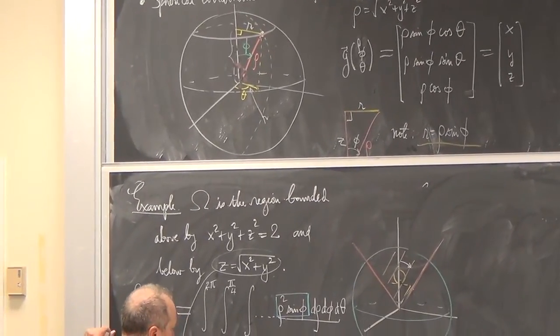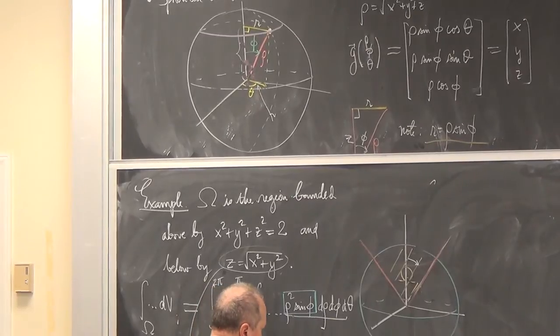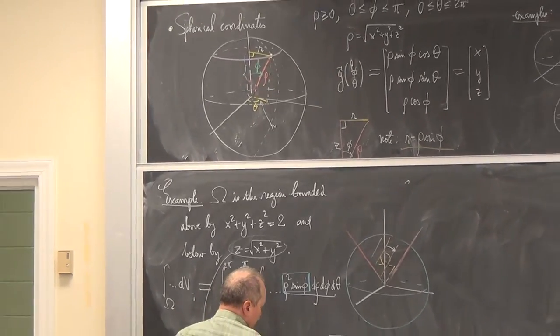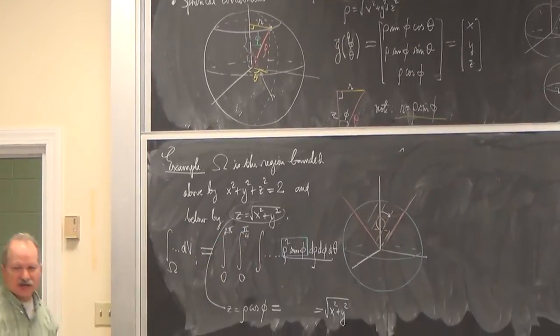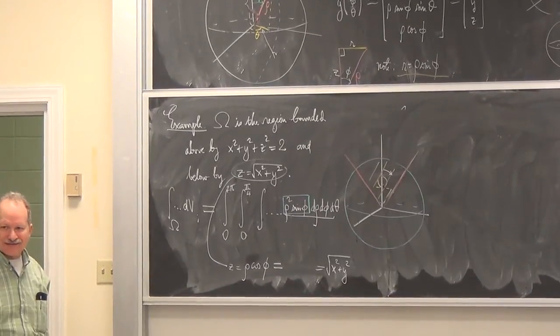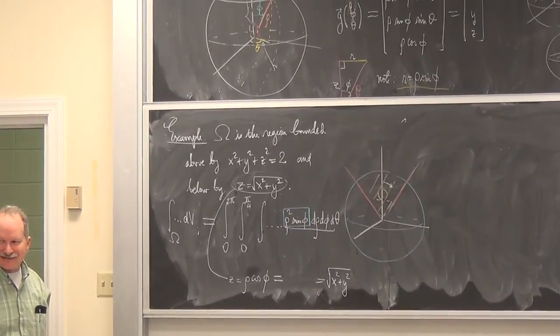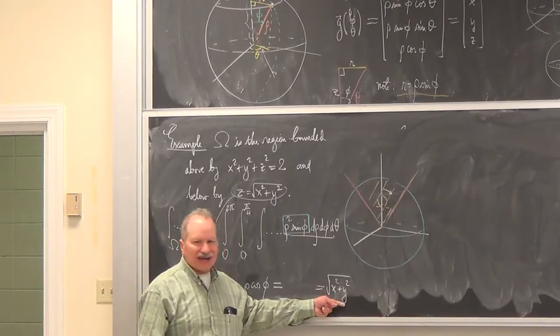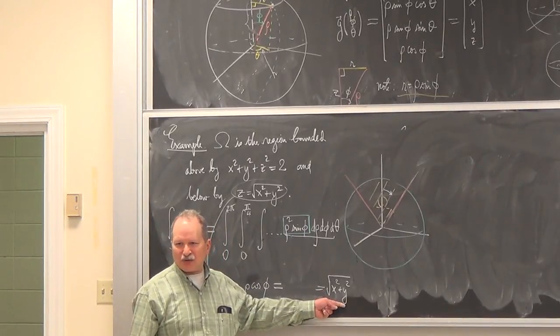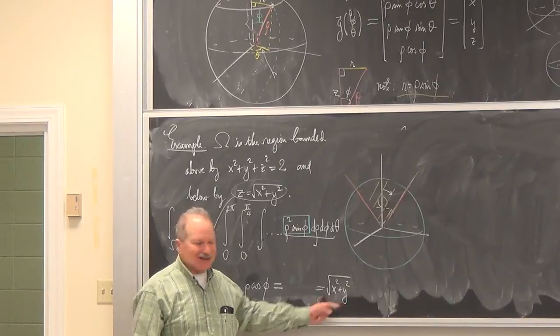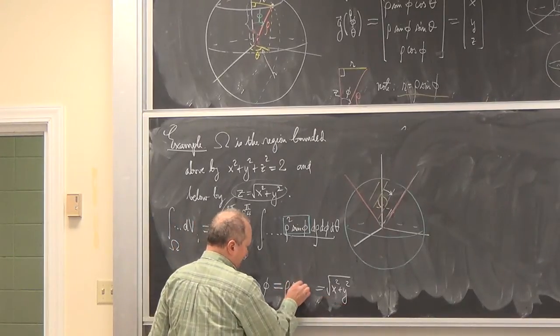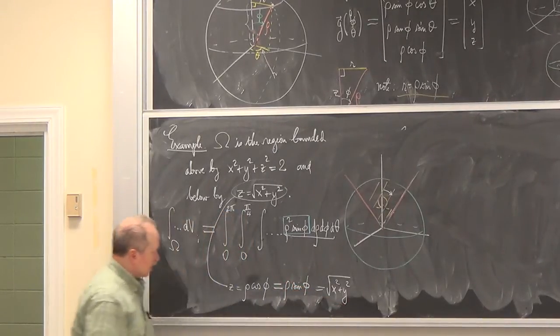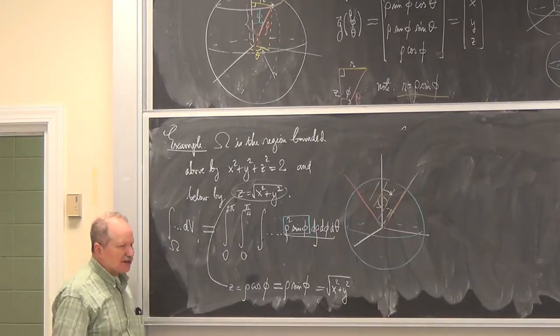And square root of x squared plus y squared is what in terms of spherical coordinates? What's this otherwise known as? r. And what did we say r was? Rho sine phi. So, how can this equation hold?